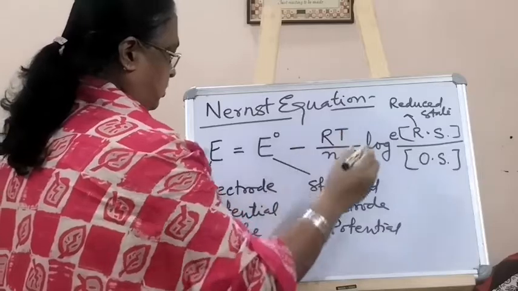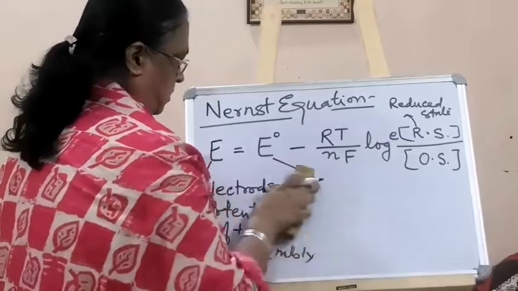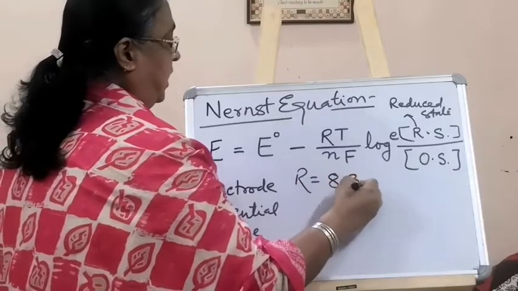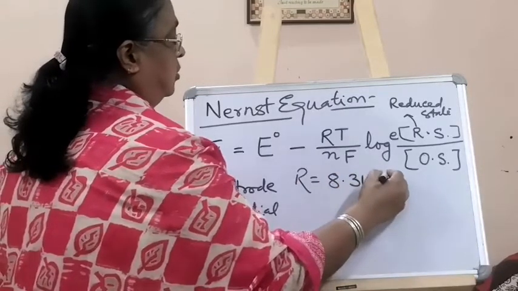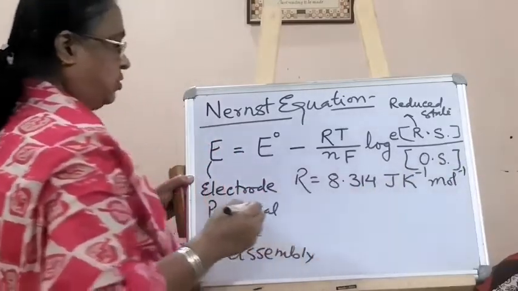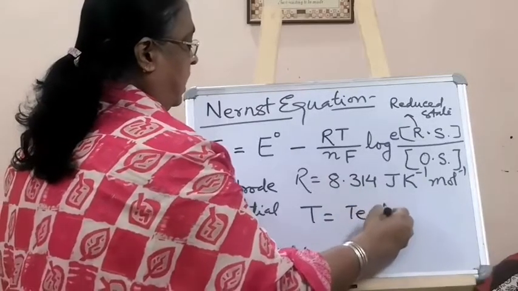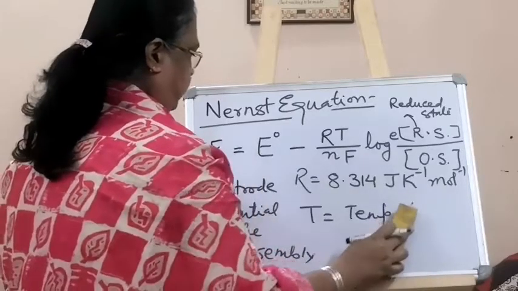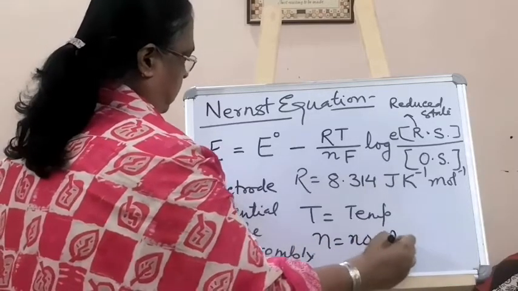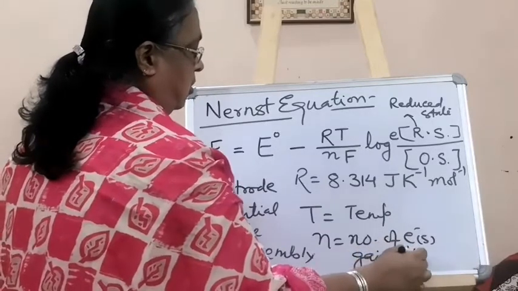R is the gas constant, capital R, having the value 8.314 joule per Kelvin per mole. T is the absolute temperature in Kelvin, and n is the number of electrons gained or lost.